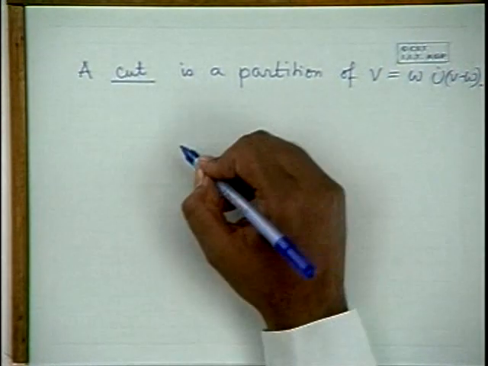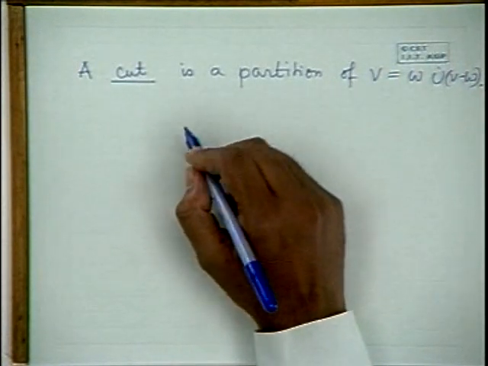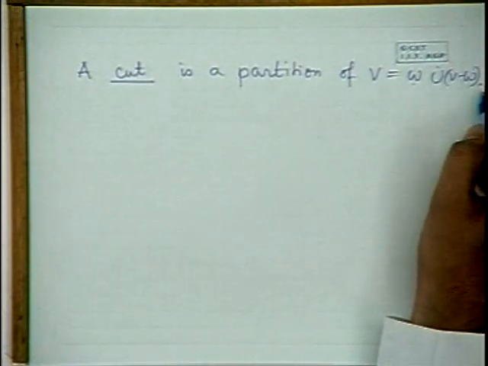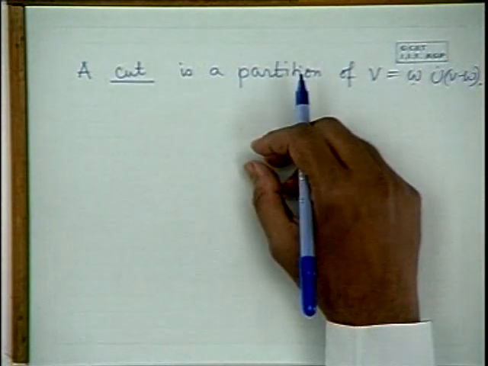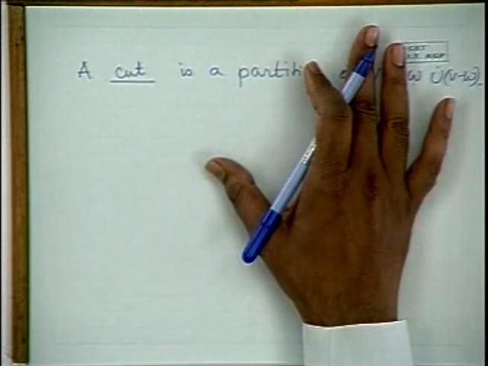You just take the vertex set of the graph V, you just divide it into two parts. One is W, another is V minus W. That tells you it's a cut. Any partition is a cut. That's the definition.